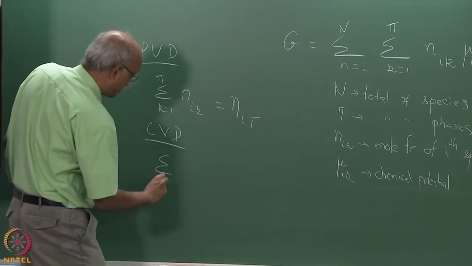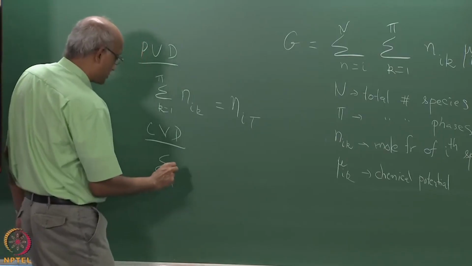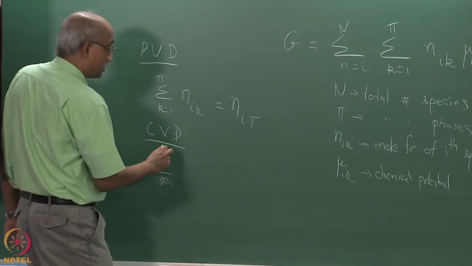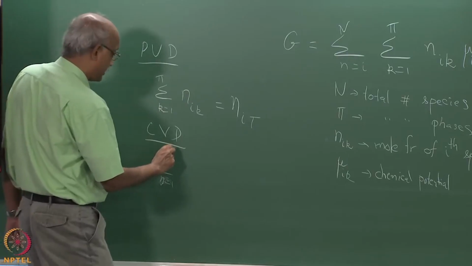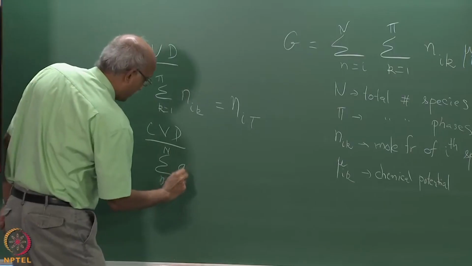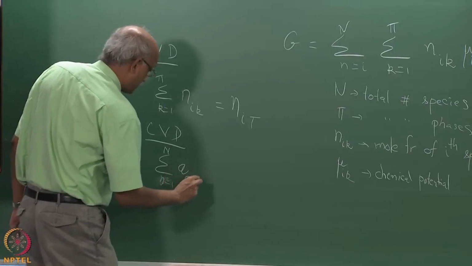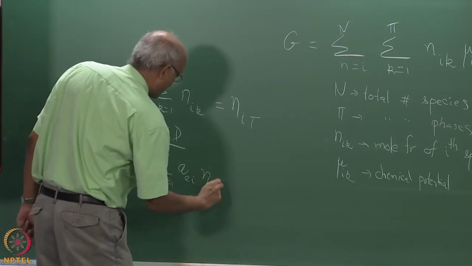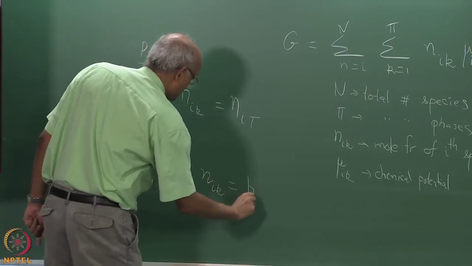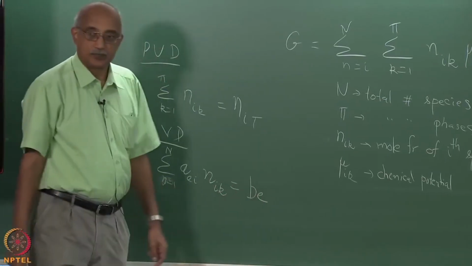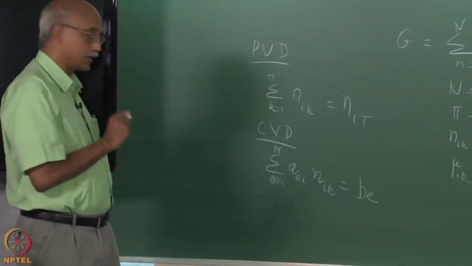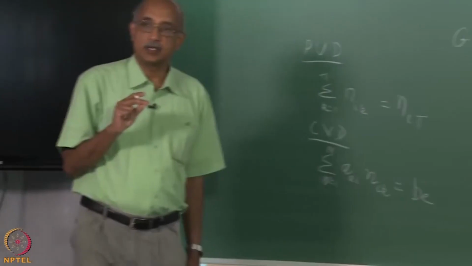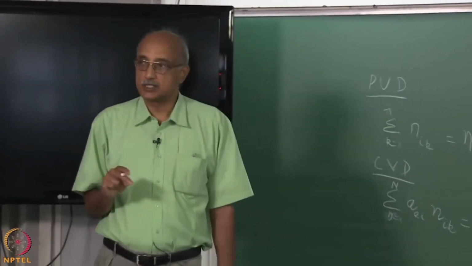So, you would still sum over n equals 1 to the total number of species capital N of a_Ei times n_ik equals some b_E, where a_Ei is the mole fraction of chemical element E in species i.